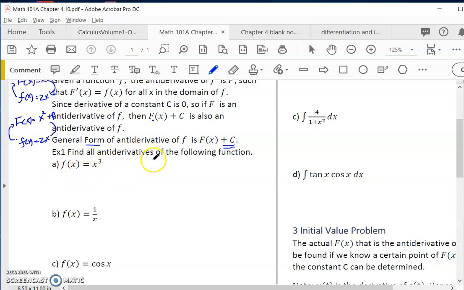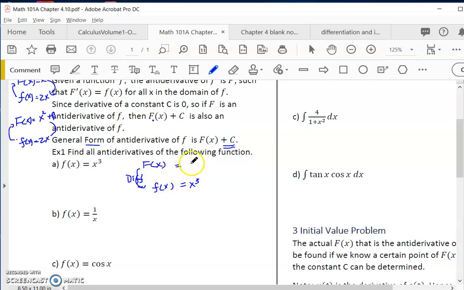What original function would it be, so that when I do the derivative, I would have f of x equal to x cubed? When you do d/dx, you have x cubed.